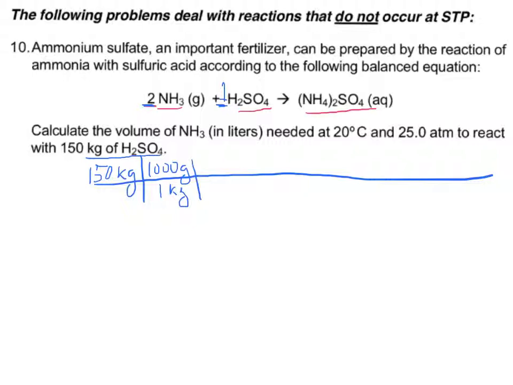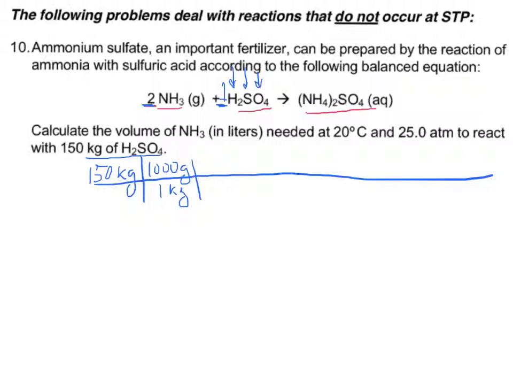The next step, now that we have it in grams of H2SO4, is we need to convert it to moles of H2SO4. So we need to look up the periodic masses for 2 hydrogens, 1 sulfur, and 4 oxygens. 2 hydrogens would be a mass of 2 grams, 1 sulfur would be a mass of 32, that's 34, and 4 oxygens would be 64, 4 times 16.